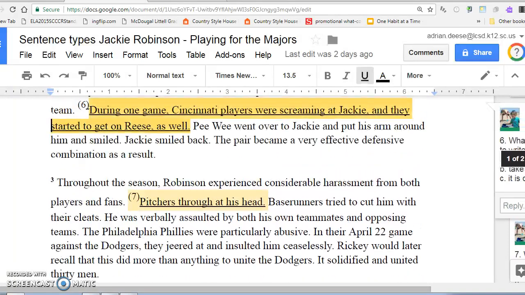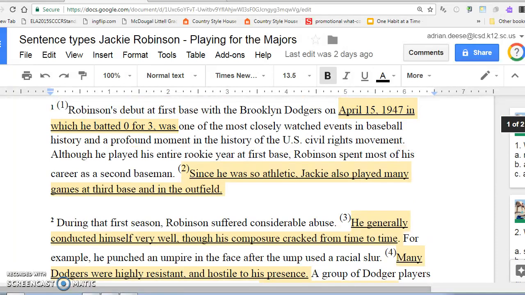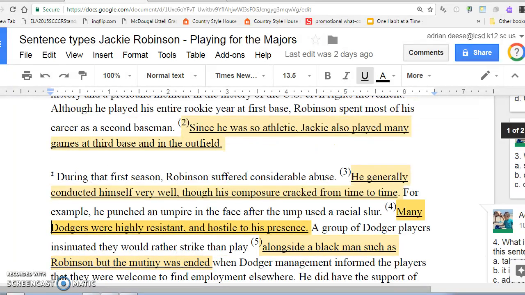So let's go back up to the questions. The first one regards sentence number 1. Sentence number 2. Sentence number 3. Number 4. Number 5. It's a good idea to look at the entire sentence.